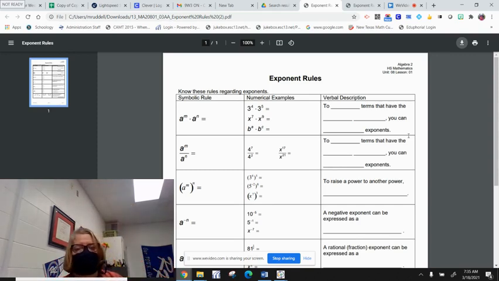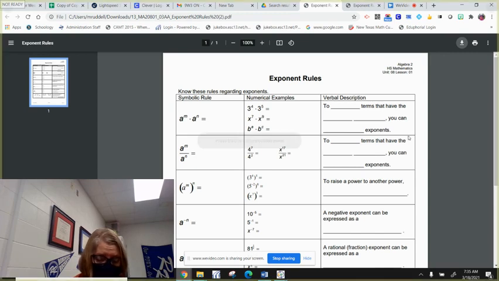Do you remember when you have a to the m times a to the n, the rule is that you're going to add the exponents. When the bases are the same, remember this is the base, this is the exponent, okay? When you have the same base, you're going to add the exponents.